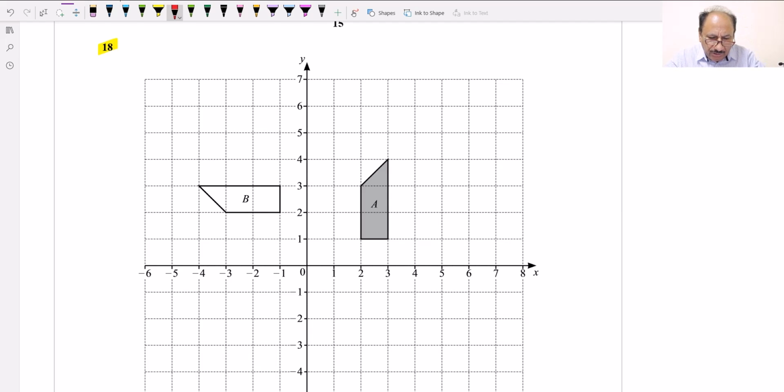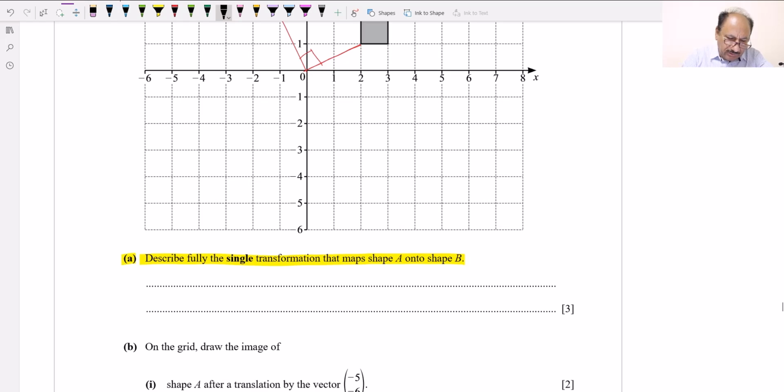This is basically rotation, and this will be 90-degree, and this is anti-clockwise, so our answer will be rotation 90-degree anti-clockwise about origin.